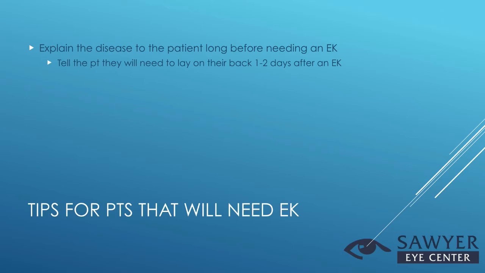When deciding what to target your intraocular lens or your target refraction after cataract surgery in an eye that you think will need an endothelial keratoplasty, here are some good rules of thumb. First of all, if the person has mild Fuchs and you think they will never need an endothelial keratoplasty, just shoot for plano.